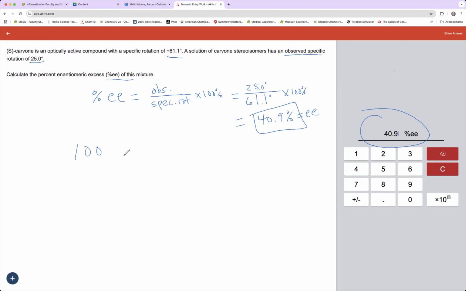Everything is 100%, so I start with 100% and subtract the 40.9%, the excess. So 100 minus 40.9 is 59.1.